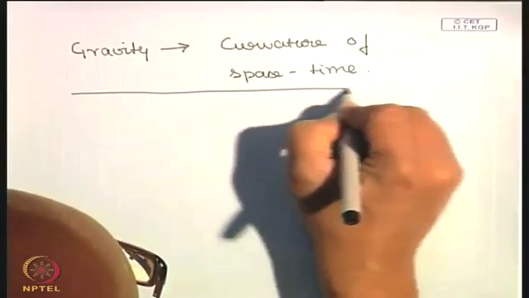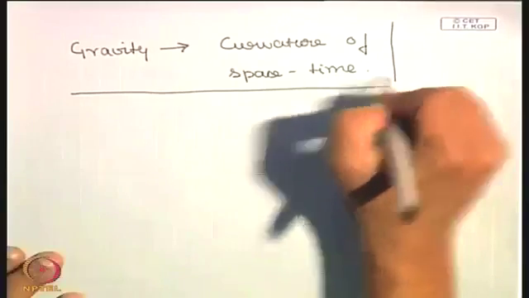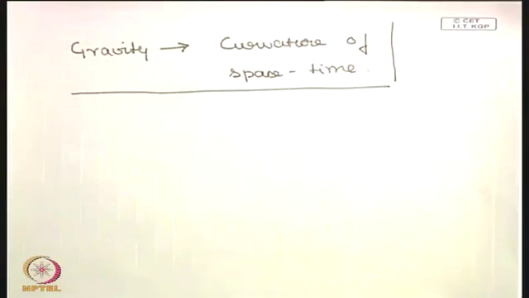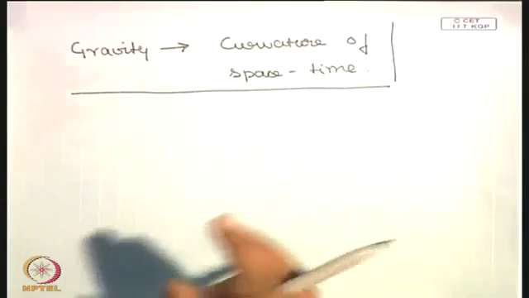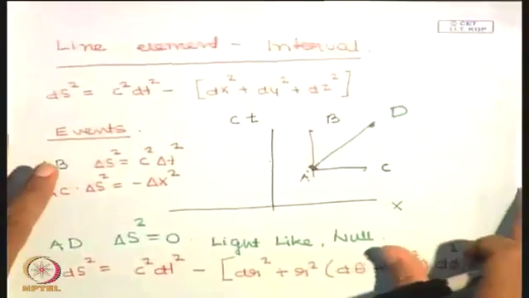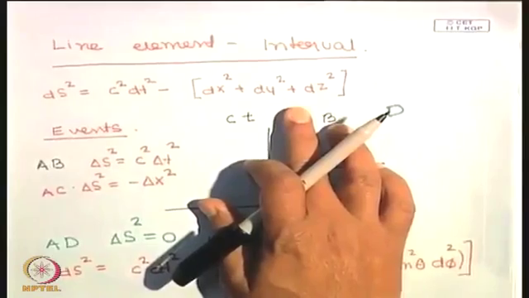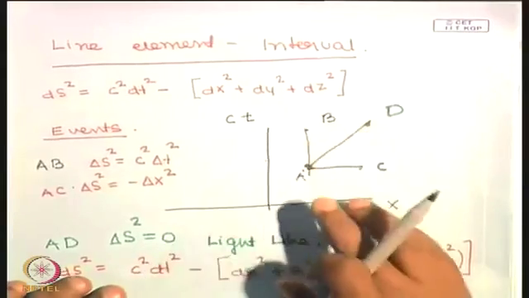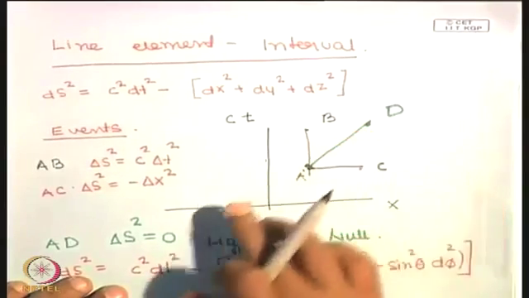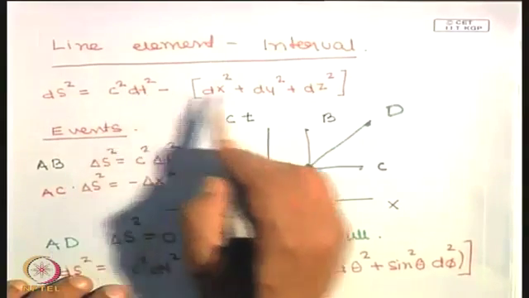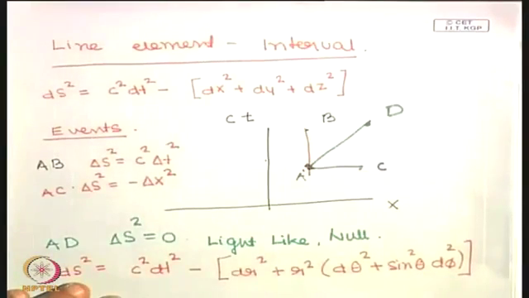By the curvature of space time, the way it manifests itself is essentially it modifies the way in which we calculate the interval between two events. That is how the curvature of space time manifests itself.